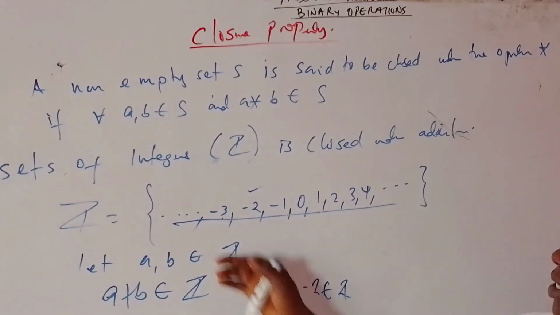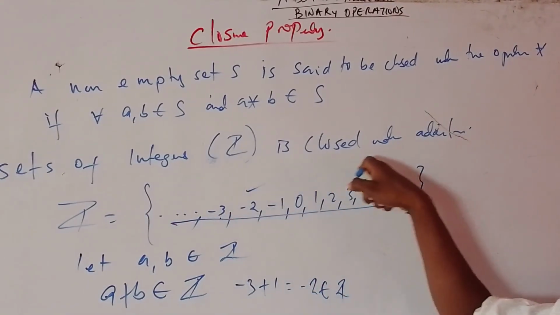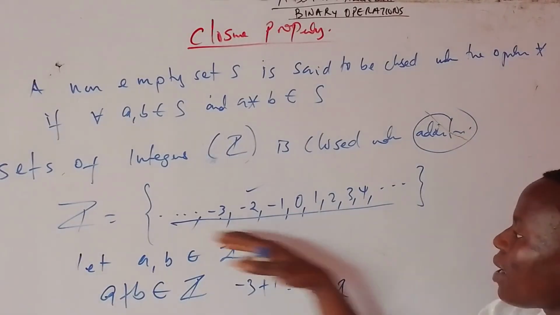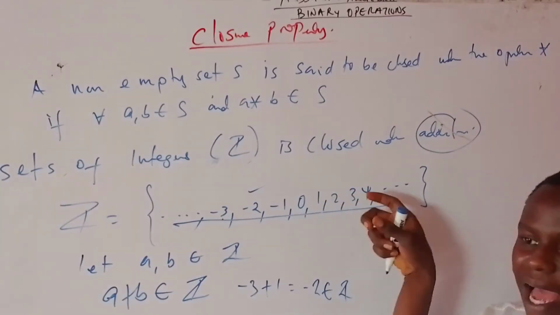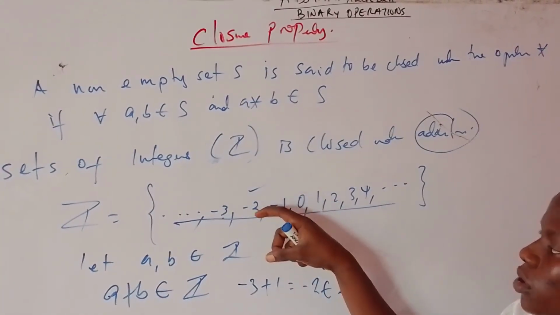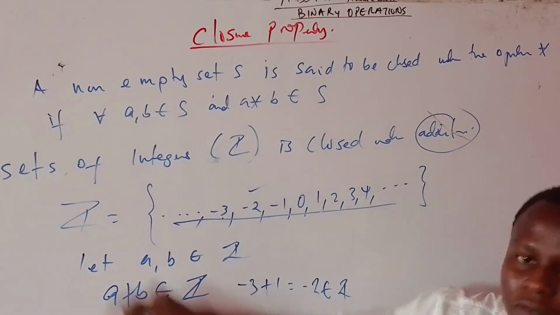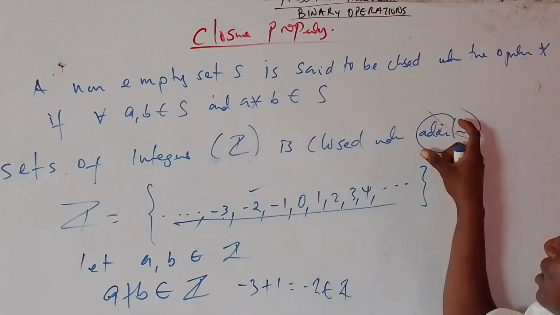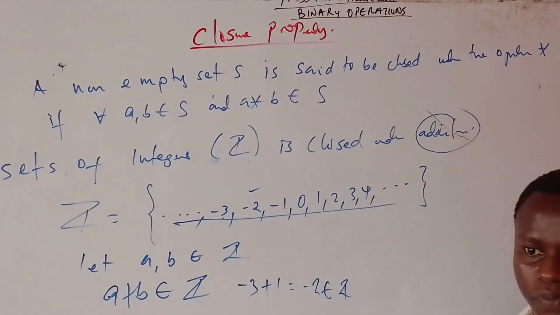So that shows that the set of integers is closed under addition. You can take any numbers here, and if you add them together, the result will also be from the set of integers.